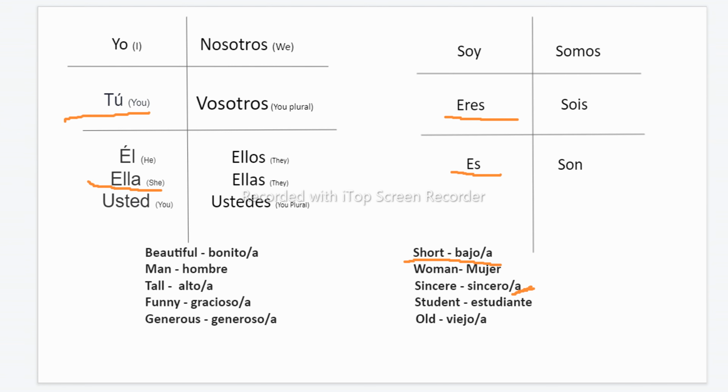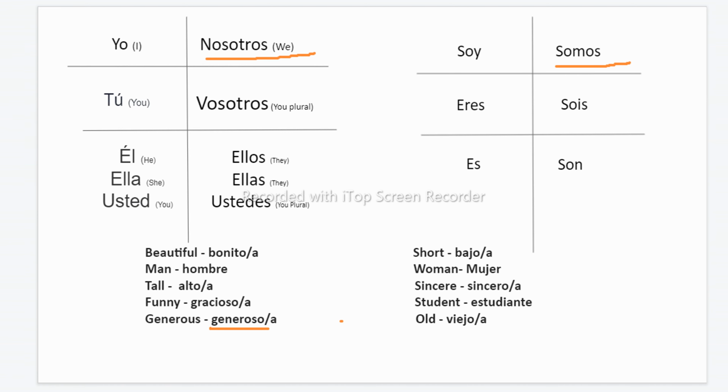One more thing is that if there is a group of people and you are referring to that group, obviously they are plural, so you will use s at last. For example, if you have to say we are generous, how would you say? Nosotros somos generosos.